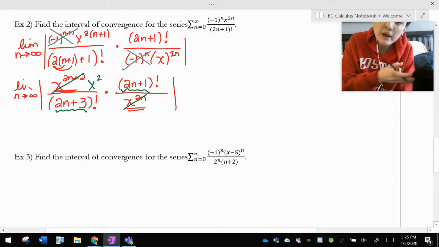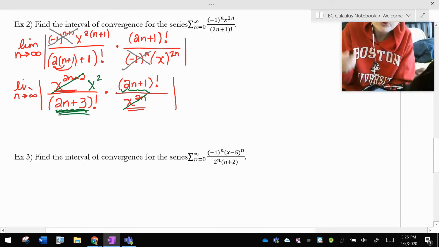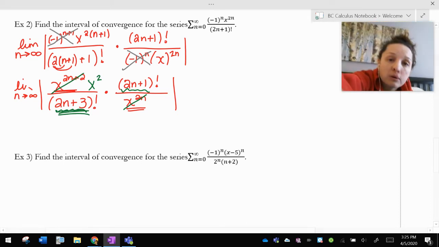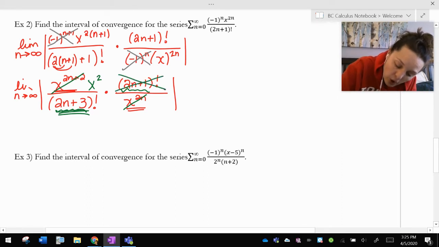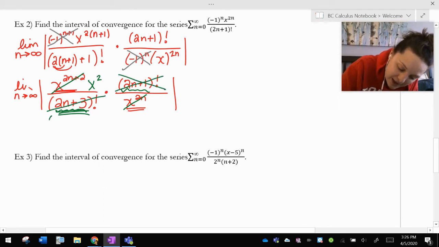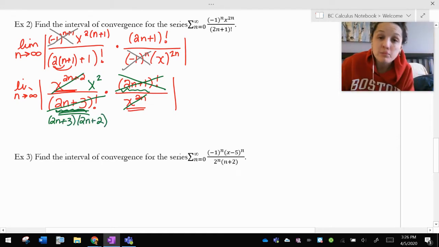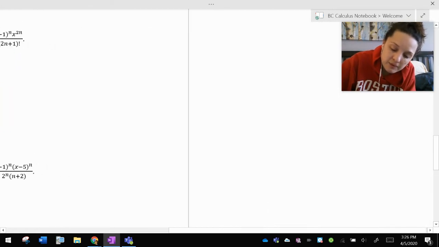So that means when I do the factorial, this guy is left with its first two terms and the other one is completely gone. Peter, you're killing me, cat. So this is gone and this is left with its two highest terms, which is 2n plus 3, 2n plus 2. And if you're thinking, wait, that didn't make any sense, think of it this way.